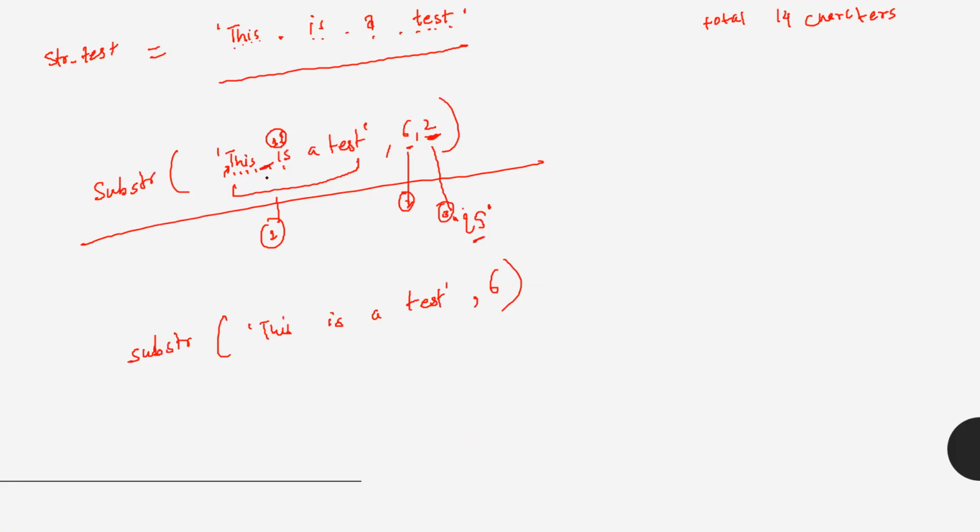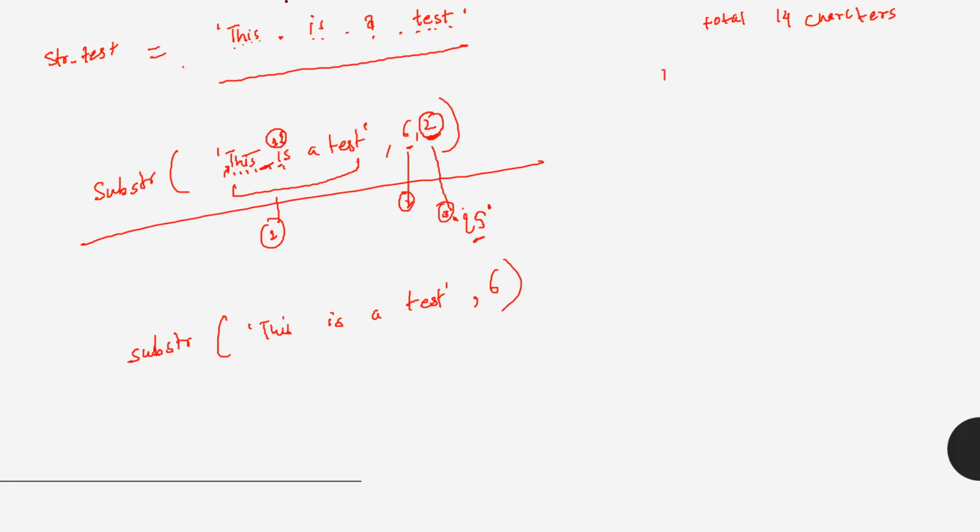This space is the fifth character. Now this I is my sixth character. That's how I reached here. And now I need to take two characters out of it, starting from this first character. So what I will be returning as a result is "is". You clear now? Yes, thank you.